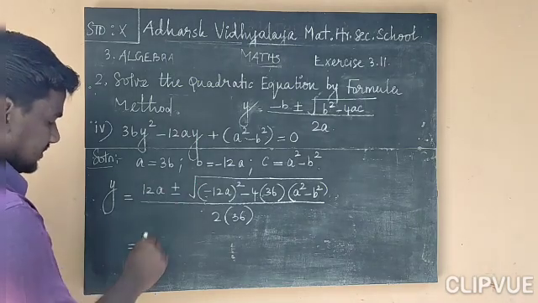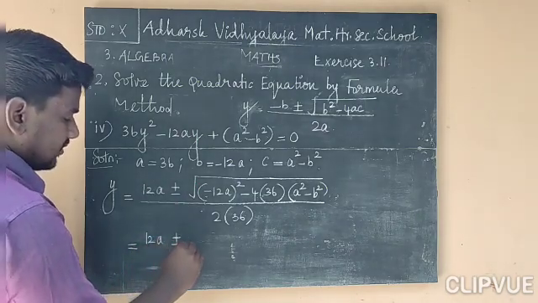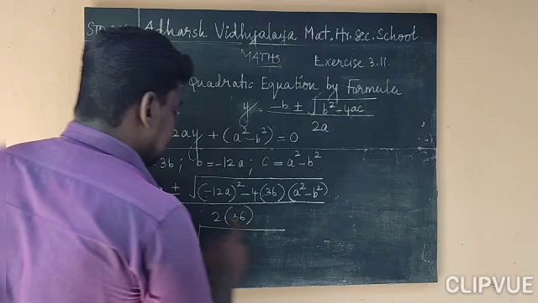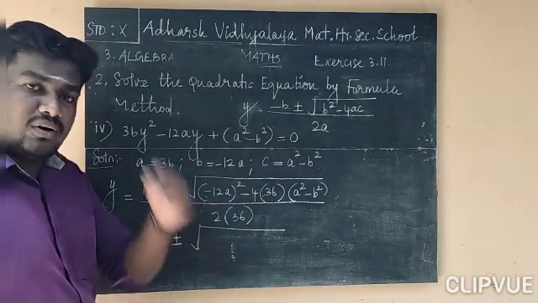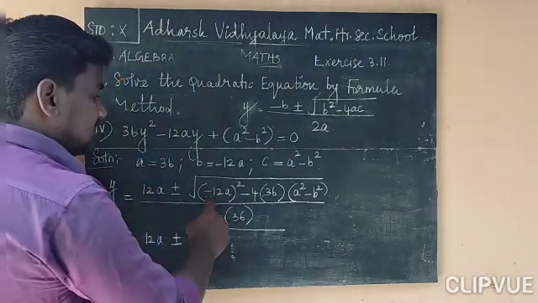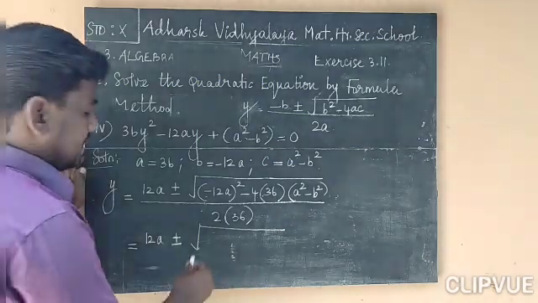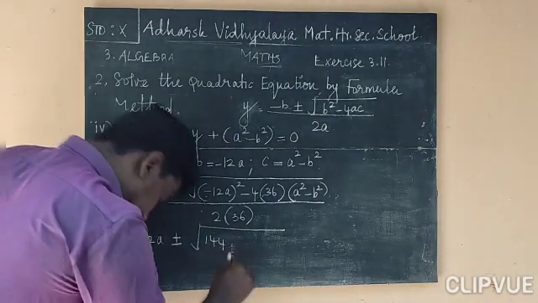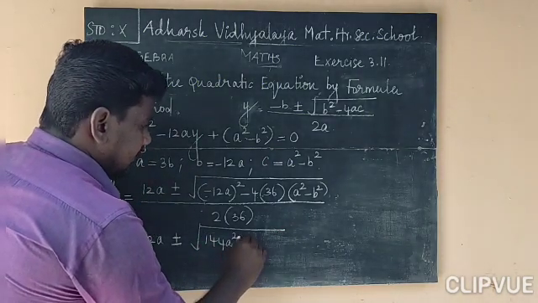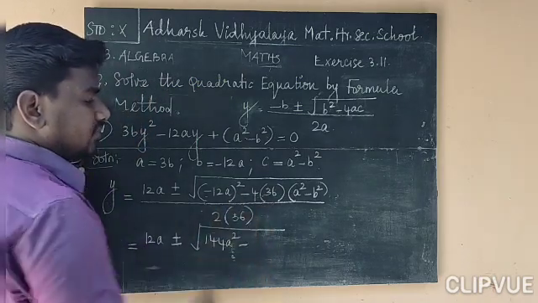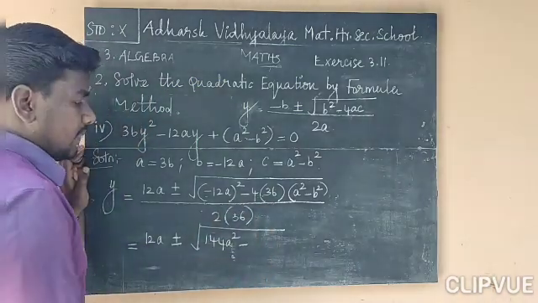Now this is 12a plus or minus root of 12 square, that is 144, so 144 a square, minus 36 into 4, that is 144.